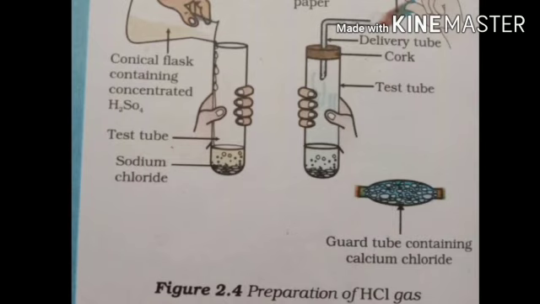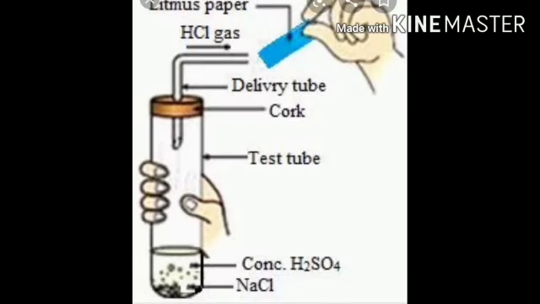As you can see here in the figure, 1 gram of solid sodium chloride is taken in a dry test tube, and to this some concentrated sulfuric acid is added. We will observe whether any gas comes out of the delivery tube.